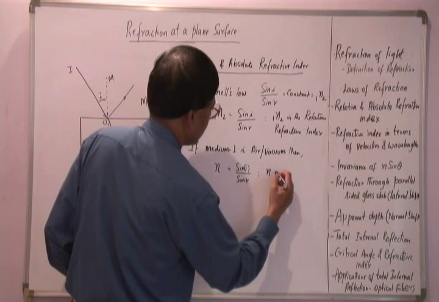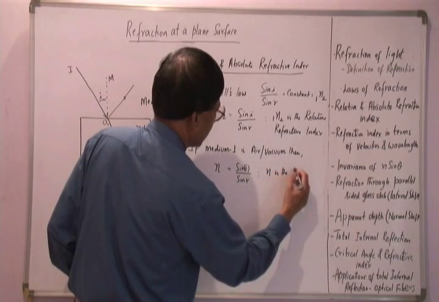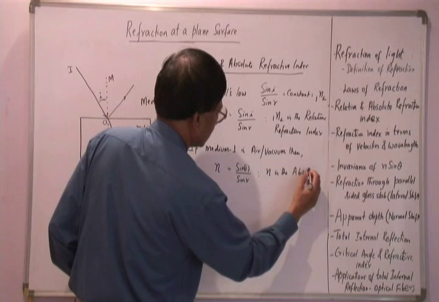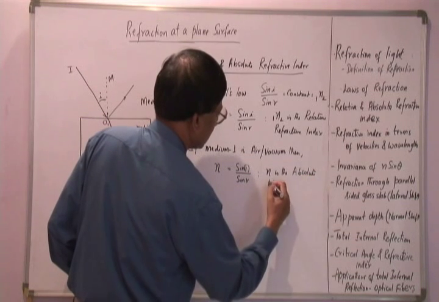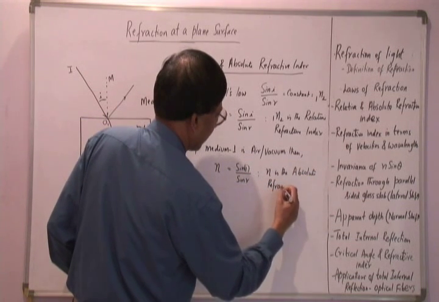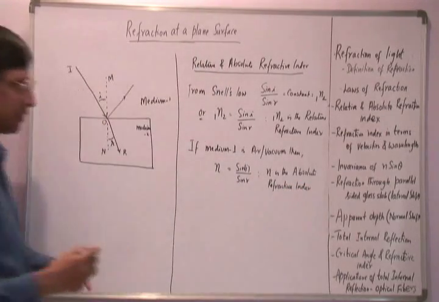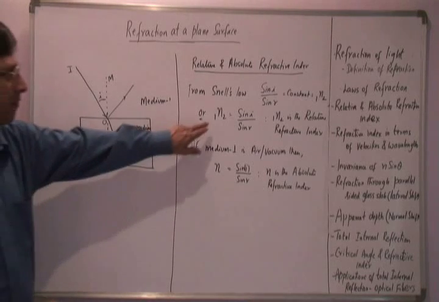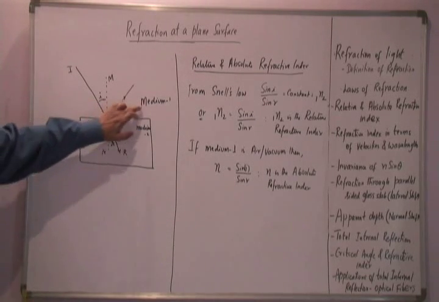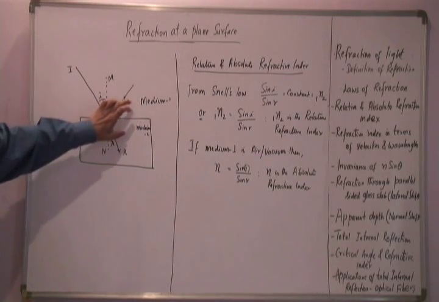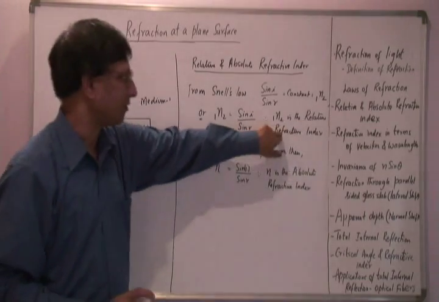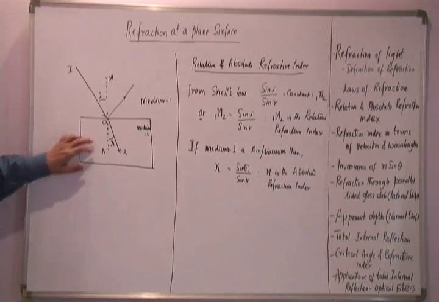In this case we call n the absolute refractive index. So if we are having two different media and these media are not air, then we have the relative refractive index.